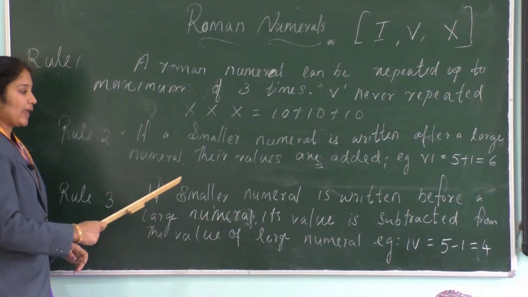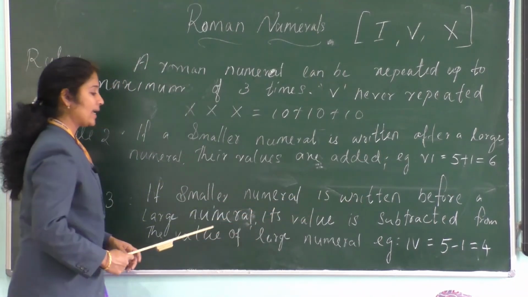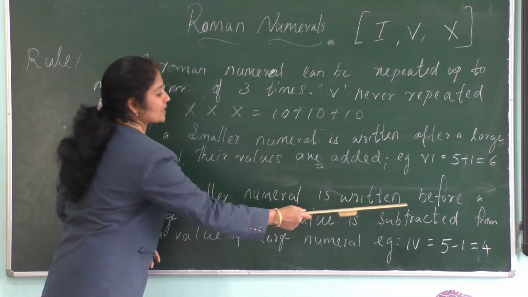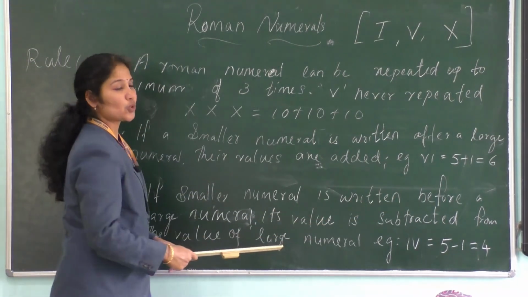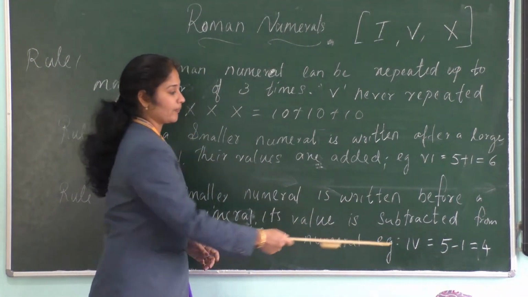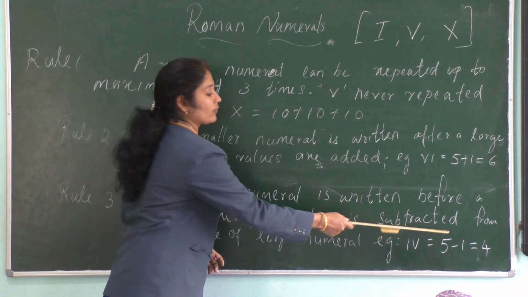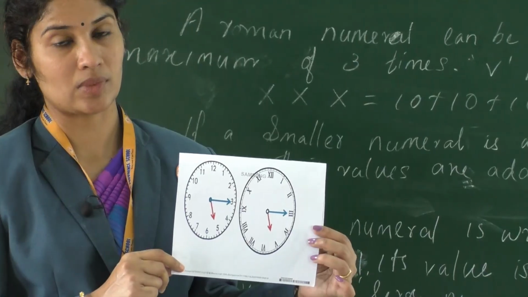Rule number 3, if a smaller numeral is written before a larger numeral, its value is subtracted from the value of the larger numeral. Example, IV is equal to 5 minus 1 is equal to 4.